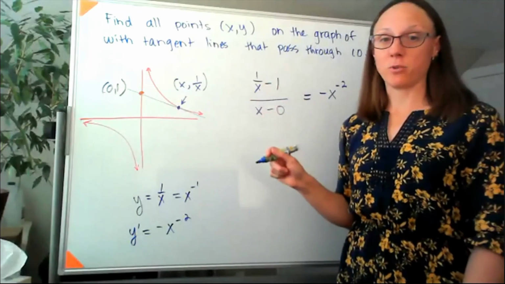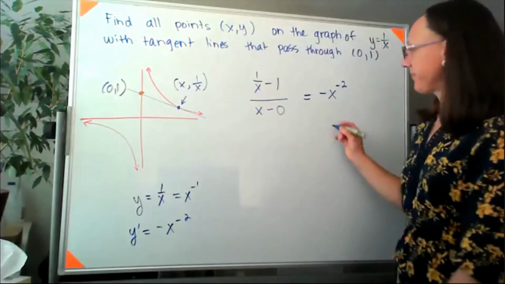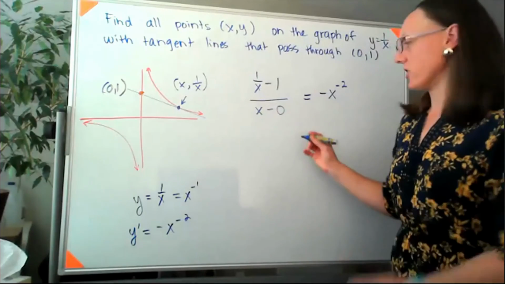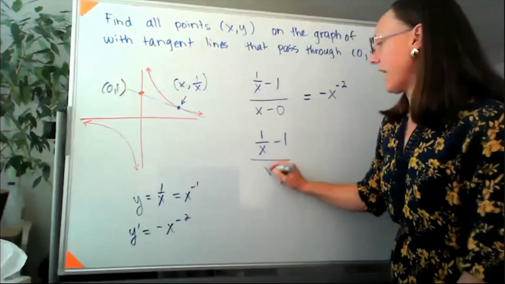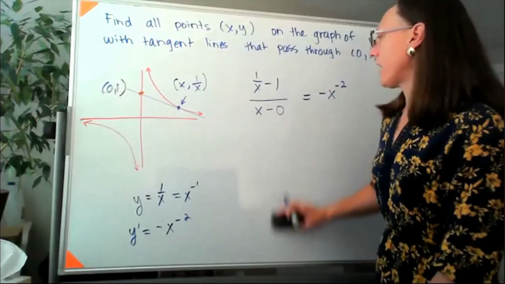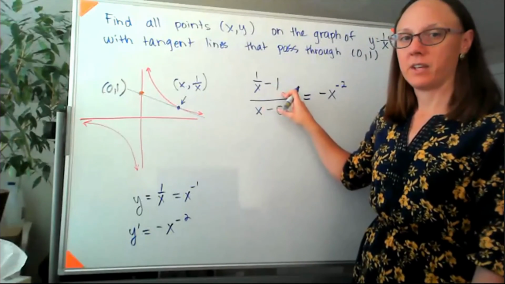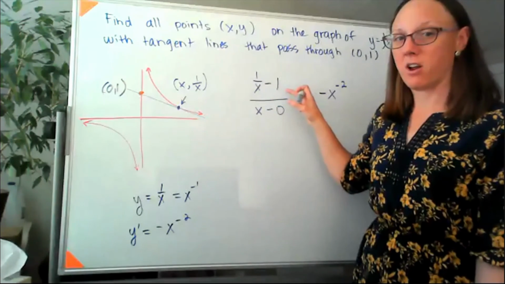Now from here, the algebra gets messy, but hang with me for a minute. So first of all, x minus 0, I can just leave that alone. I've got 1 over x minus 1 all over x. Now let's actually clean that up a little bit more. Looking at the numerator here, if I'm subtracting fractions, I can get a common denominator.